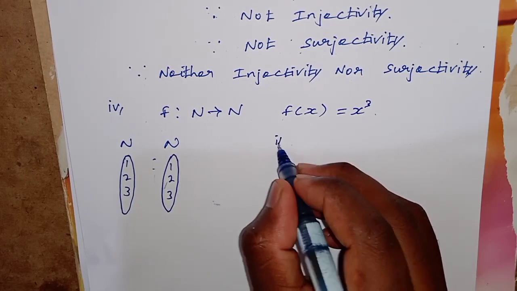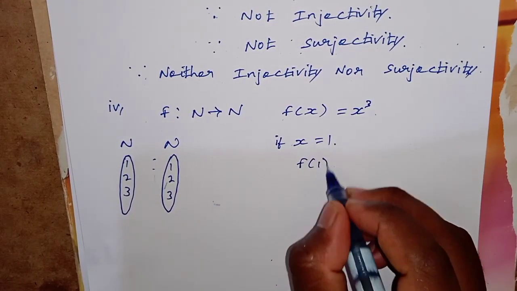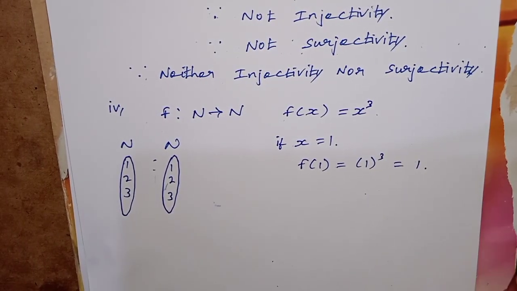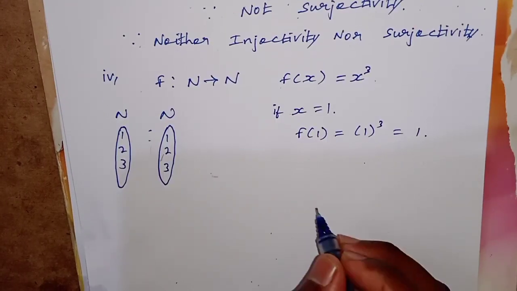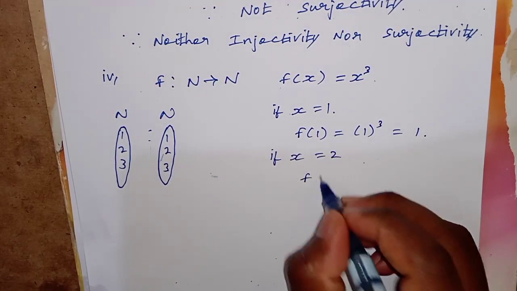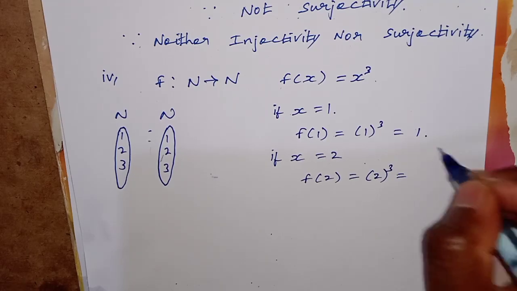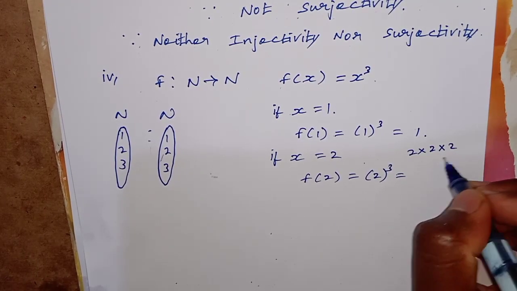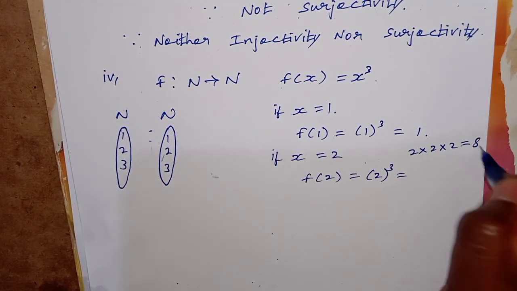Okay, first if x equal to 1, f of 1 equal to 1 cube, therefore 1. Next, if x equal to 2, f of 2 equal to 2 cube, you have to multiply 2 into 2 into 2. Therefore 2 2s are 4, 4 2s are 8.